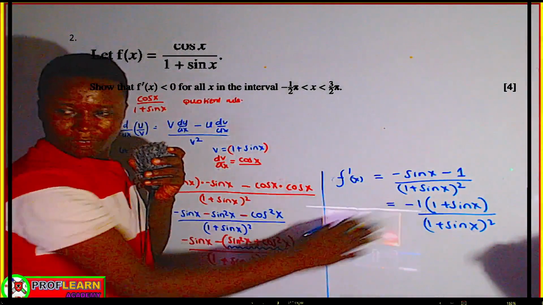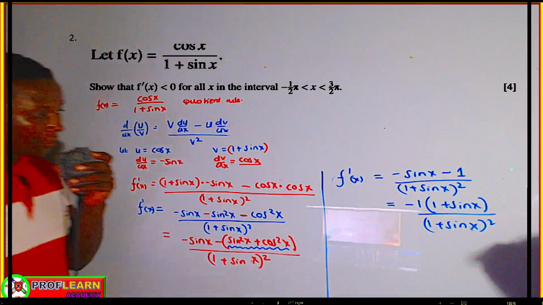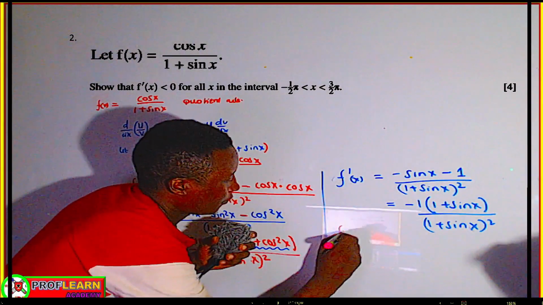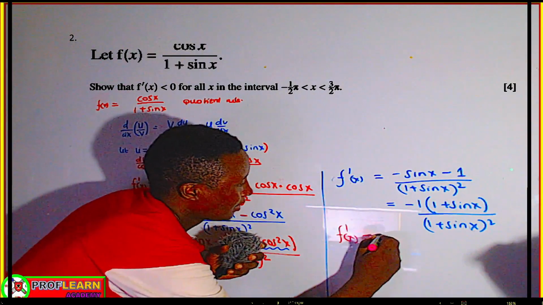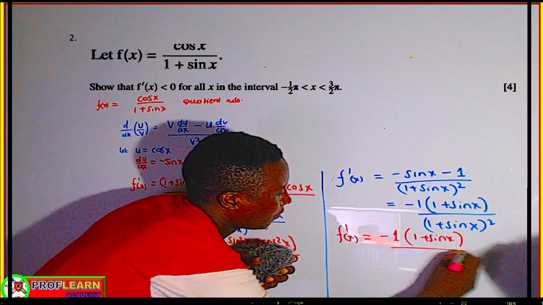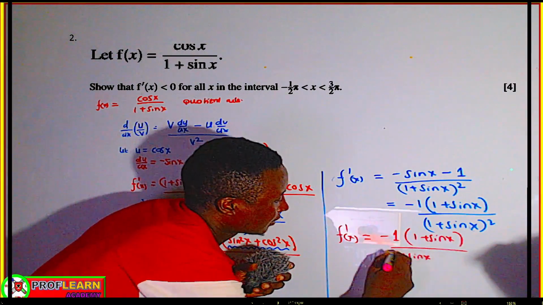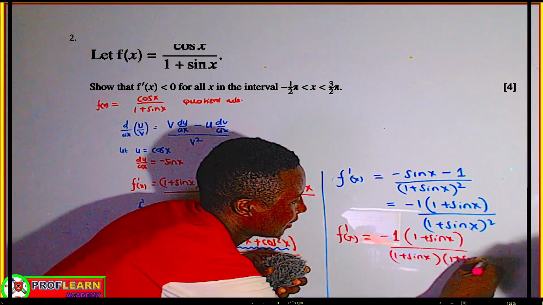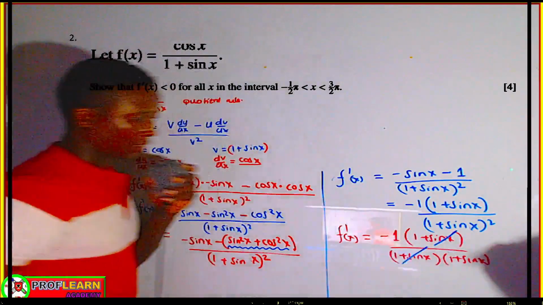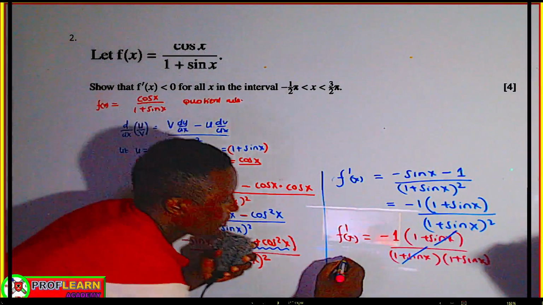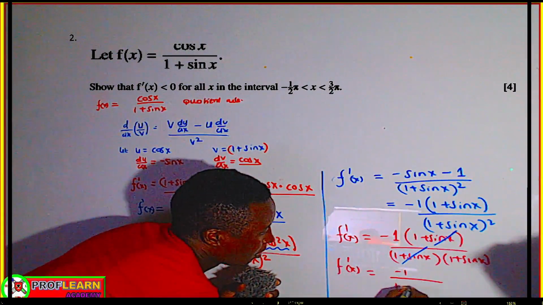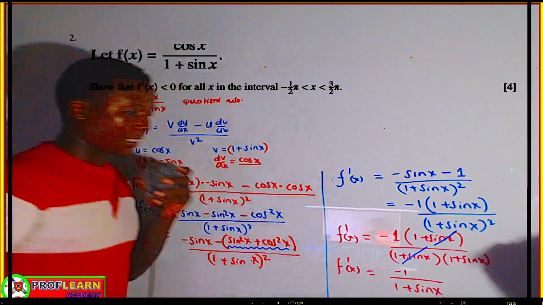So you see, whatever we are having at that given point, basically if we cancel this, for those who are not seeing what I'm seeing, we are going to say this is going to be 1 plus sine x over 1 plus sine x into 1 plus sine x, and then at this given point the two will cancel out, and we eventually remain having f of x equals to negative 1 over 1 plus sine x.